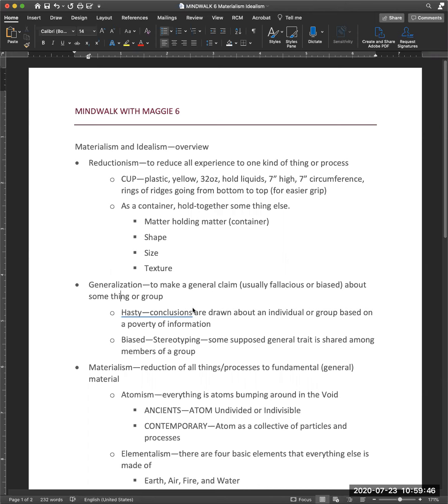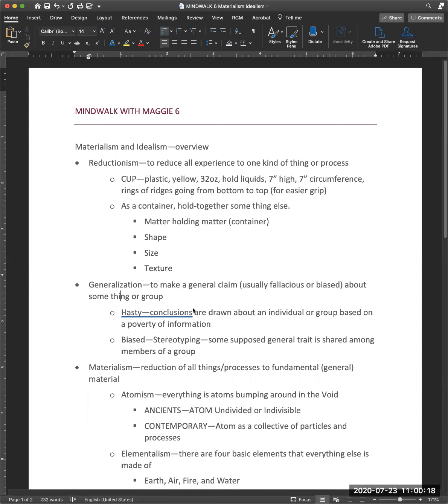And the other kind of dangerous generalization is the biased generalization, or what we call stereotyping, where some supposed general trait is shared among members of a group, and that's what kind of points them out. So anti-Semitism, racism, diverse kinds of biases towards different kinds of people, sexual orientations, male and female, trans, cisgender, transgender, all of these kind of things can be stereotyped, right?